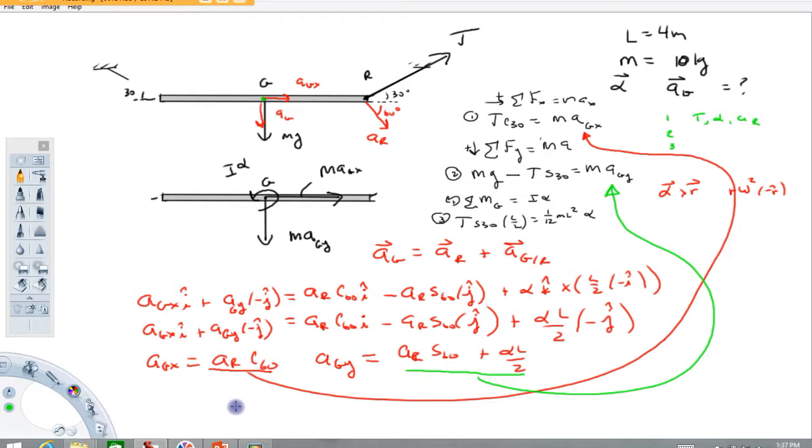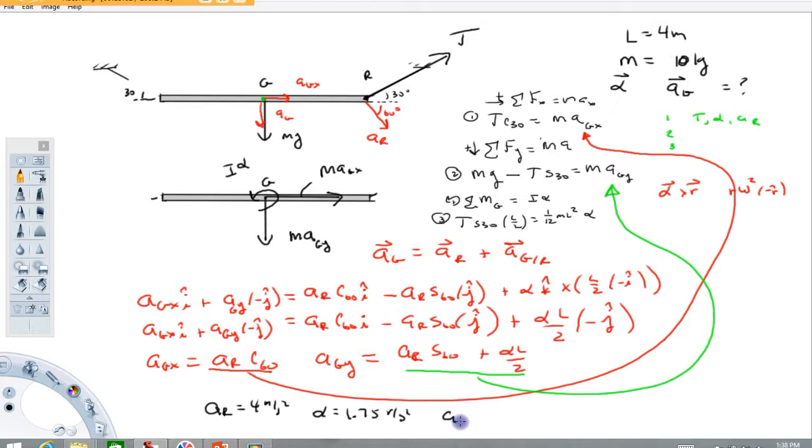Let's see, I'll write them down here. I ended up with a sub r equaling 4 meters per second. I ended up with an angular acceleration of 1.75 radian per second.